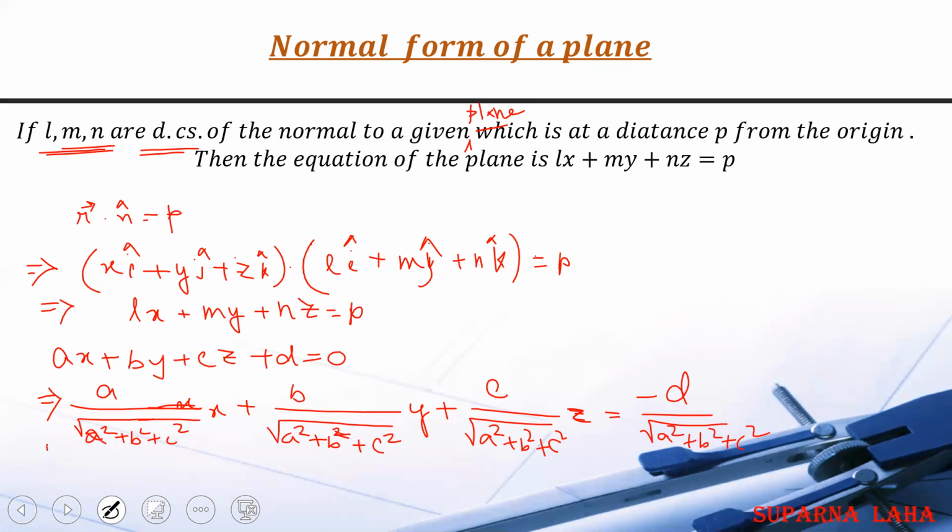Now what is this a by root over a square plus b square plus c square? This is L, the direction cosine, L, M and N. So Lx plus My plus Nz equals to p, taking this distance as p. Clear? So here is the normal form of the plane.